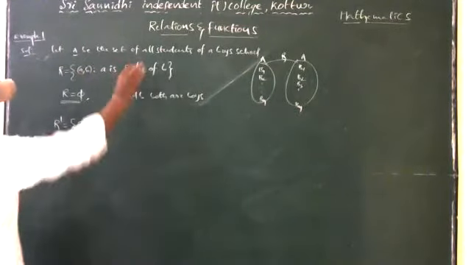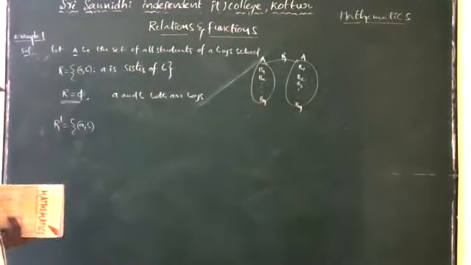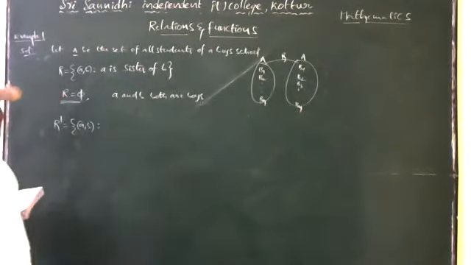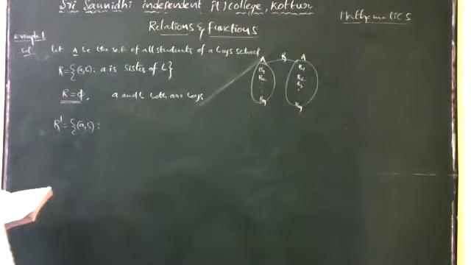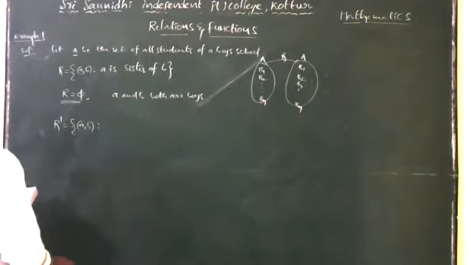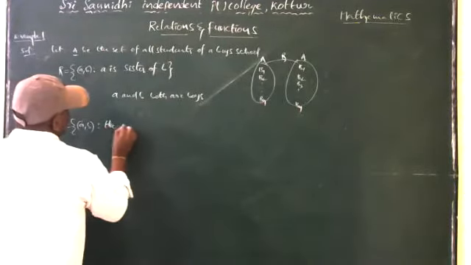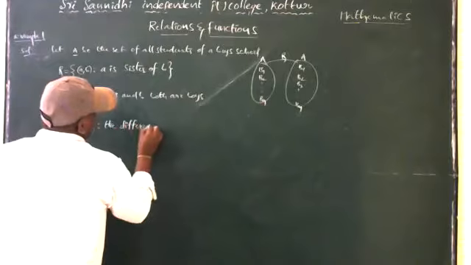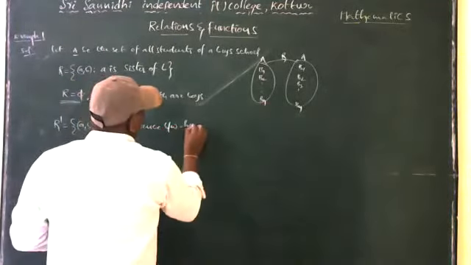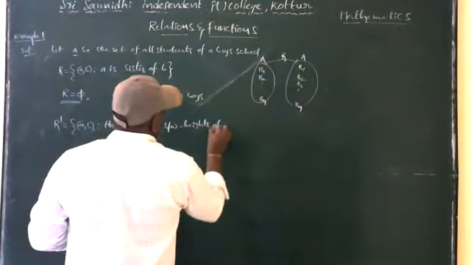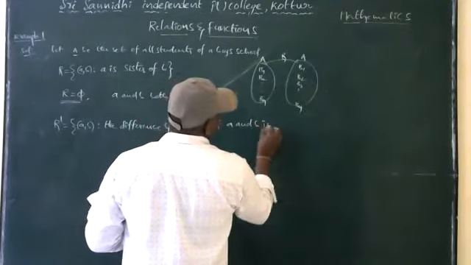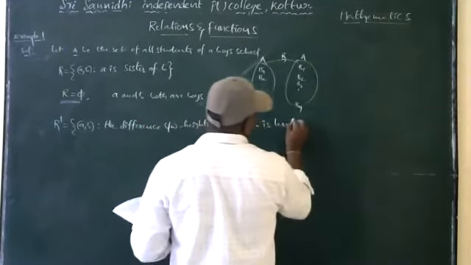Here set A is the set of all students of a boys' school, right? R dash is (A, B) such that the relation condition is the difference between heights of A and B is less than 3 meters.